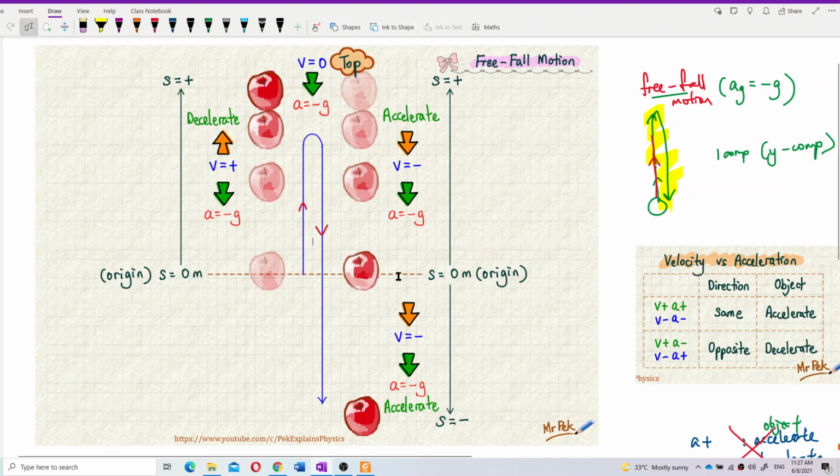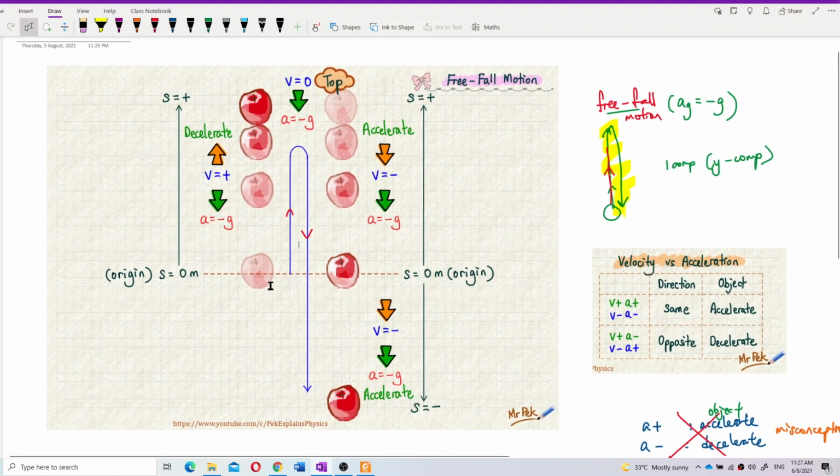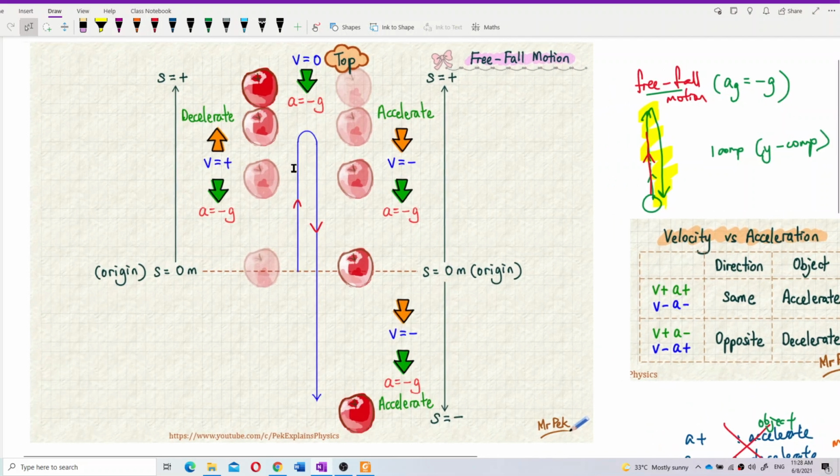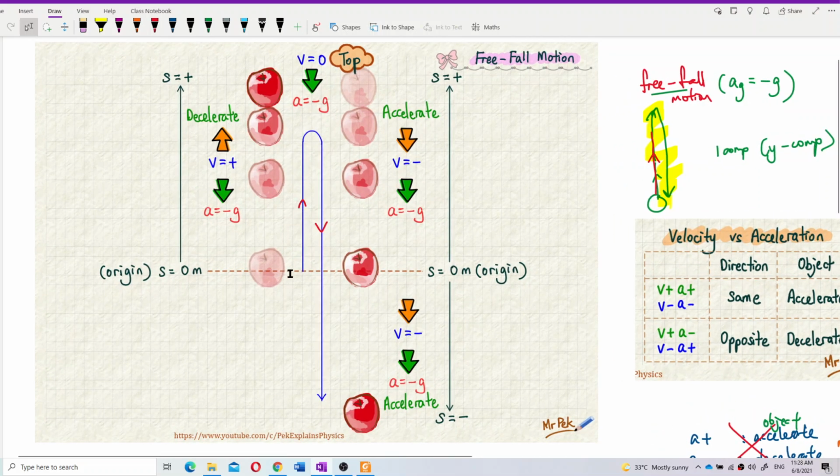So now I want to talk about the difference between displacement, velocity, and acceleration at different parts of the motion. This is important. If you look at this graph, let us first look at the first part.